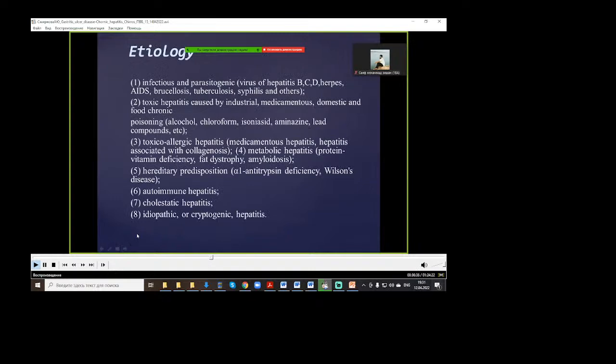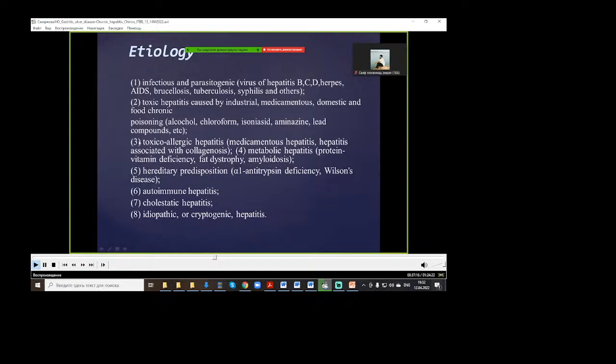Etiology of chronic hepatitis. First, infectious: viruses of hepatitis B, C, D, herpes virus, for example, tuberculosis, AIDS, and some others. The next very important and common cause of chronic hepatitis is different poisoning, chronic poisoning, such as alcohol or drug intake, industrial poisons.